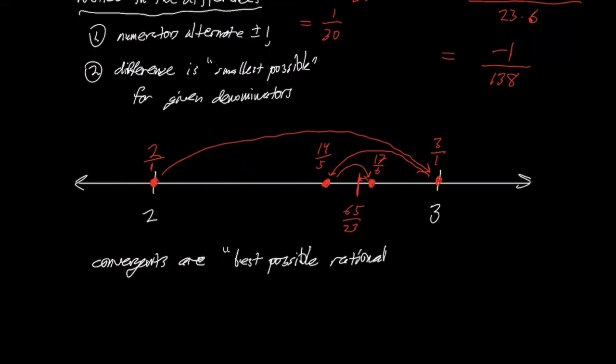What I'm really going to mean by that is the following. It turns out, for example, that out of all of the fractions with denominator at most 6, this one is closest to this number. And as you get to higher and higher numbers, it's somehow the best possible.